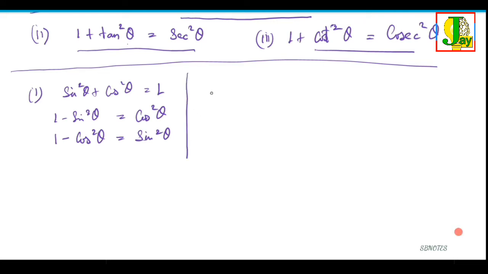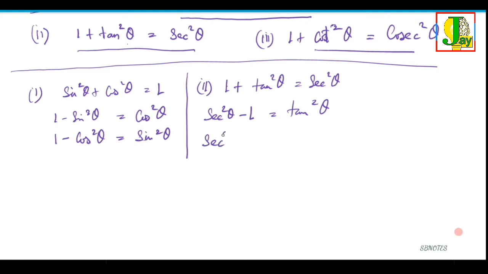And the second one, 1 plus tan square theta equals to sec square theta. Now sec square theta minus 1 equals to tan square theta, or sec square theta minus tan square theta equals to 1.